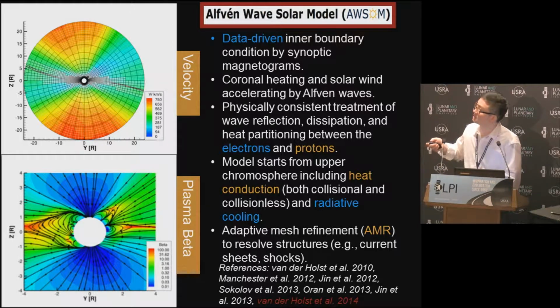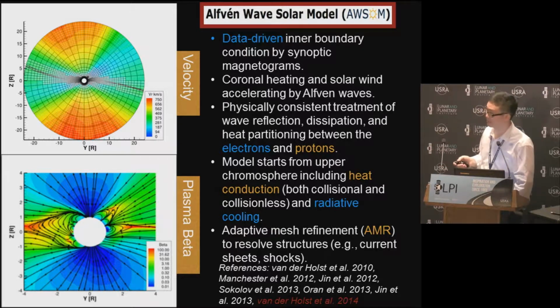So we use this model. Basically, we use the observation-based magnetogram, or a technique called the ZDI map, as the inner boundary condition for the stellar wind model, which can drive the stellar wind as the inflow boundary condition for the planetary component.